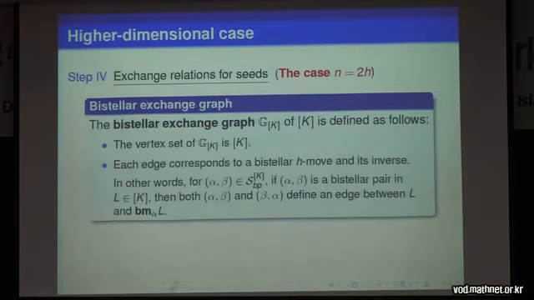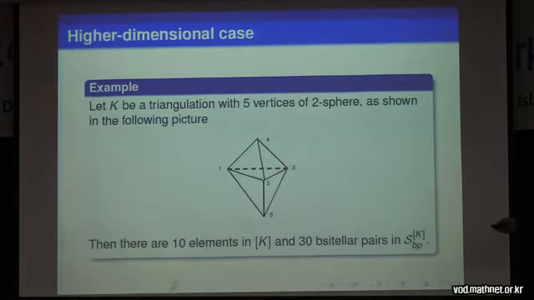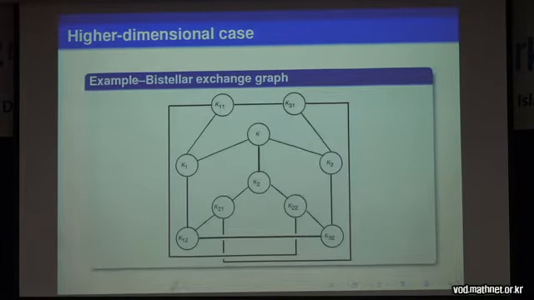You can define the bistellar exchange graph, using the triangulated manifolds as vertices, and bistellar pairs define the edges. For example, for this one, there are 10 elements and 30 bistellar pairs. Then you can get this graph. This graph gives us all the information about how to change one triangulation to another one.